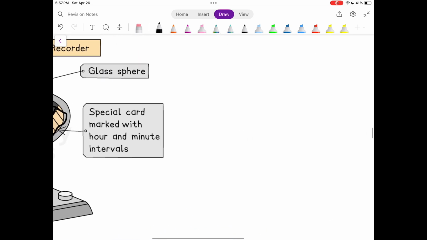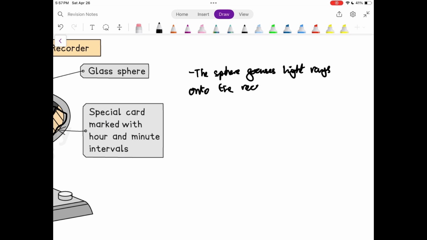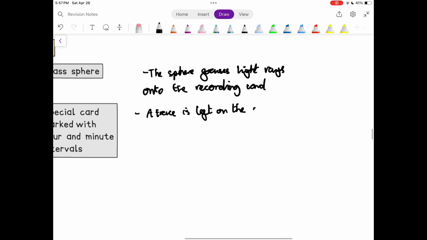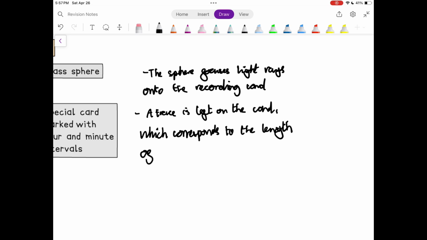So I'll summarize that on the side. So the sphere focuses light rays onto the recording card, and a trace is left on the card, which corresponds to the length of sunlight.